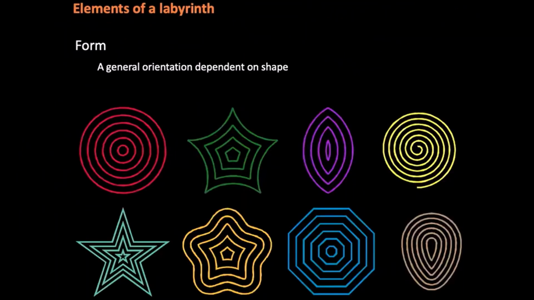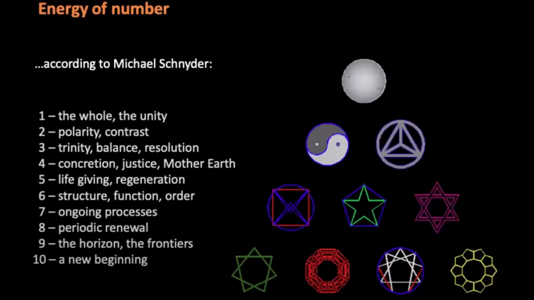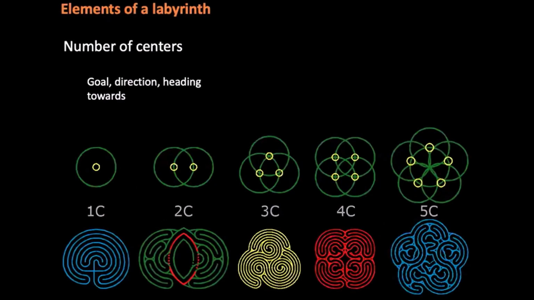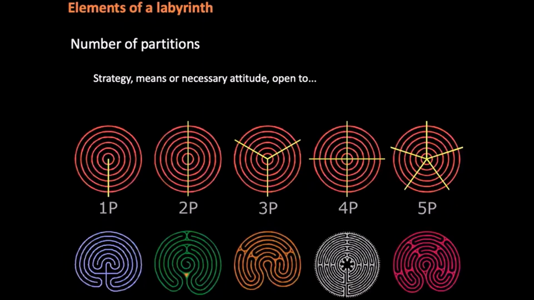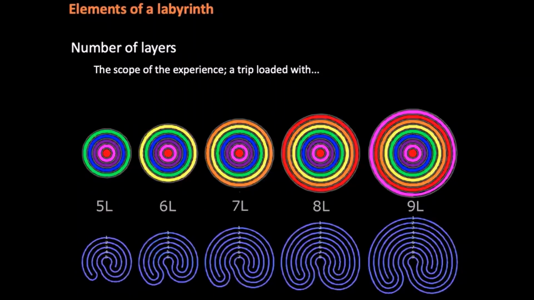He uses a four-part formula to describe the labyrinth experience that includes the energy of form based on the overall shape of the labyrinth, the energy of number, along with the following three design elements of a labyrinth: the number of centers, represented by the letter C, the number of partitions, represented by the letter P, and the number of layers, represented by the letter L.